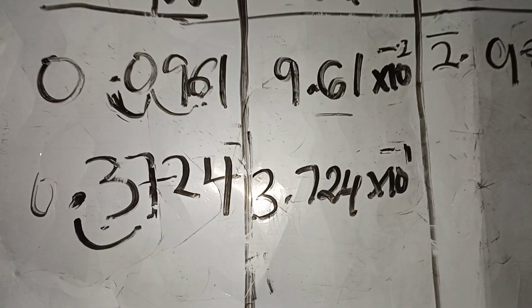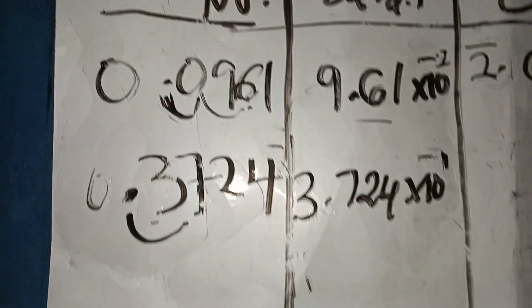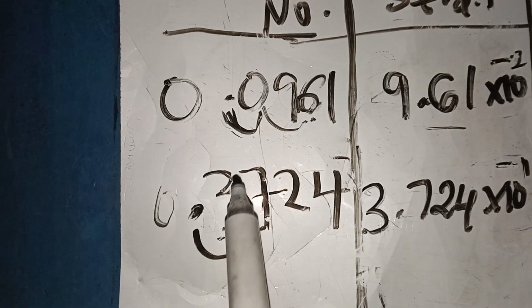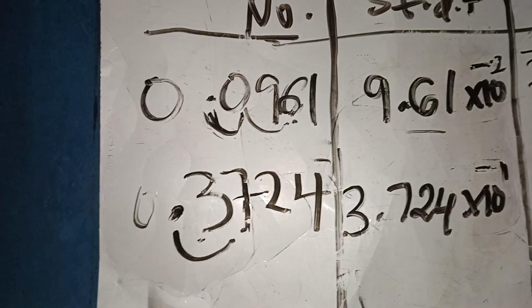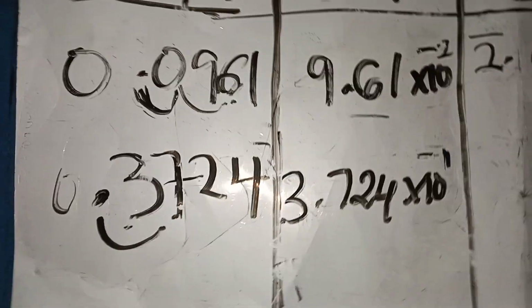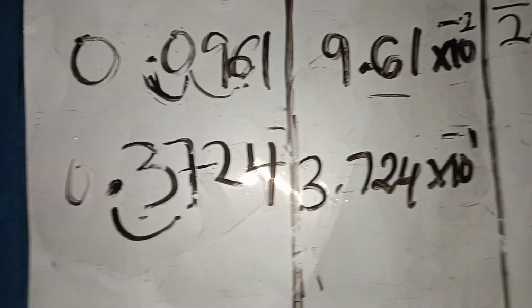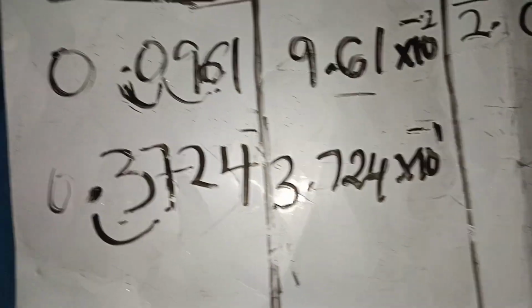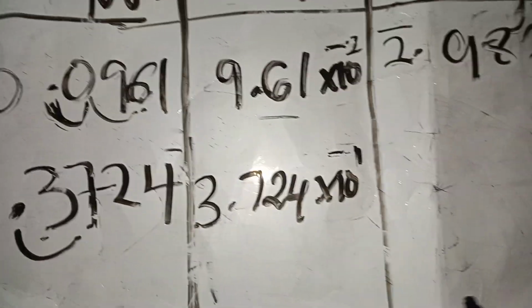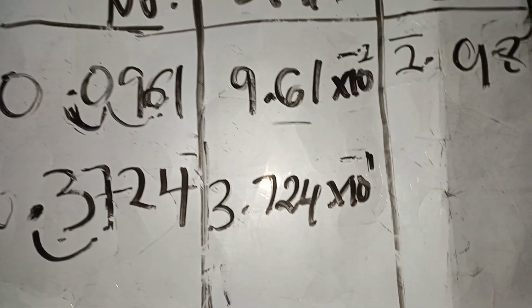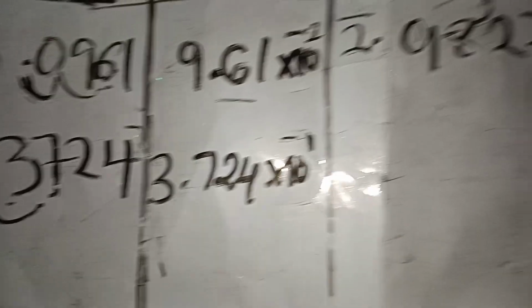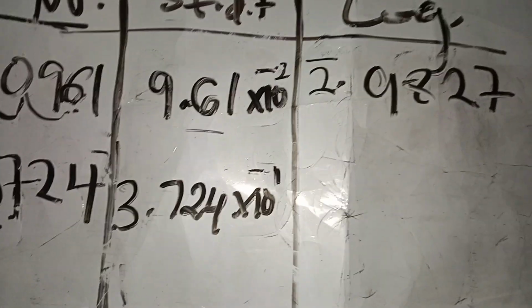So it's like that. Remember, you should notice something here: when your number that you are working on begins with 0 point something, in standard form the times 10 here will have a negative something there. So you should note that down for easy understanding.